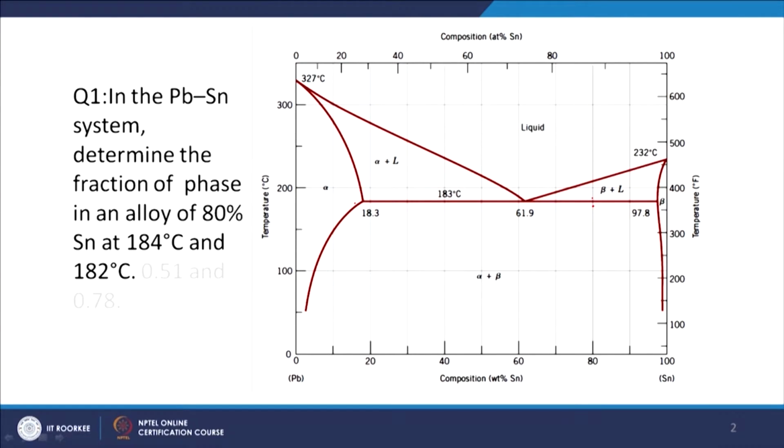The beta phase which will be formed, its amount will be according to the lever rule, this ratio divided by the whole ratio. This is 80 and this is 18.3. So, the beta phase will be 80 minus 18.3 divided by the total distance, that is 97.8 minus 18.3.